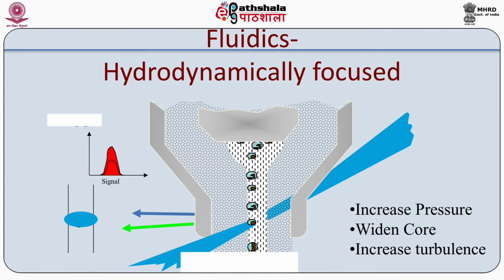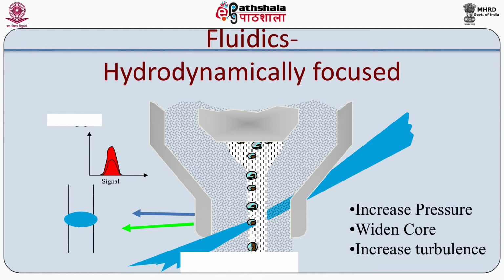By increasing the sample pressure, the flow rate increases and so does the width of the sample core. This in turn allows more cells to enter the stream at a given time, and therefore they are more off-center. With a wider sample core, some cells pass through the laser beam off-center and intercept the laser beam at a less optimal angle, resulting in less optimal illumination.